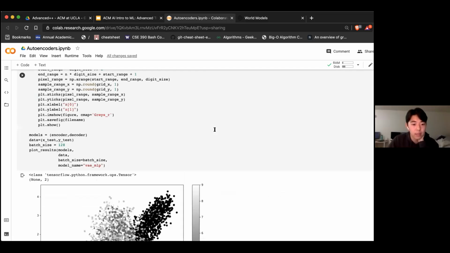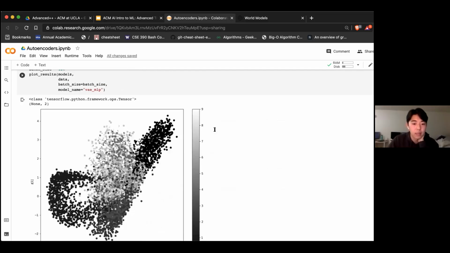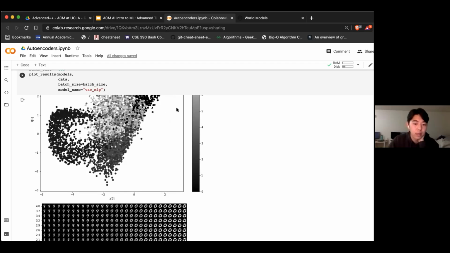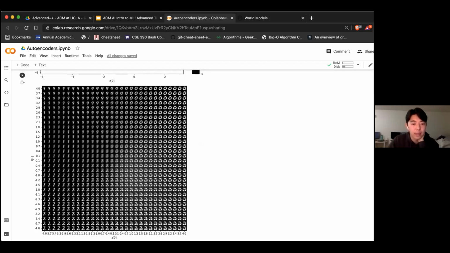So we see here, this is kind of a plotting of our data distribution. And I believe this is our latent space actually. And then I'm assuming that when we sample across this sort of probability distribution, we can see different types of classes even.